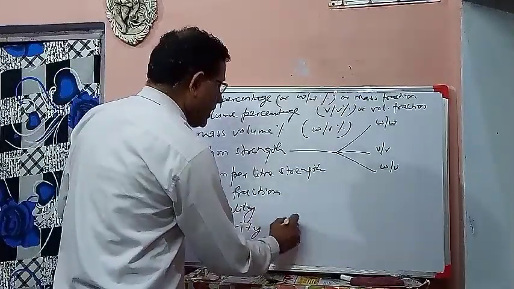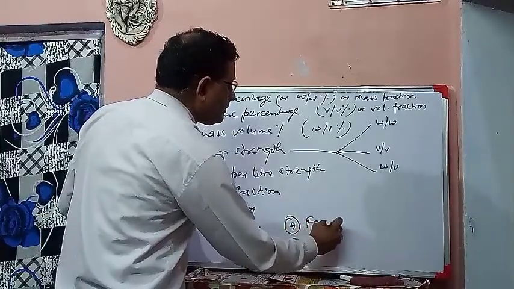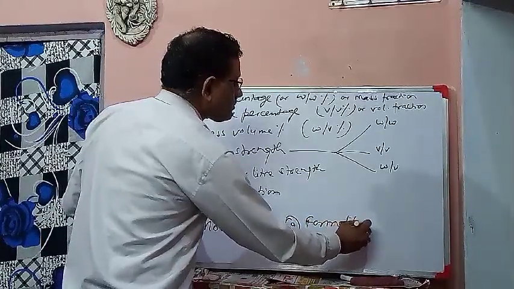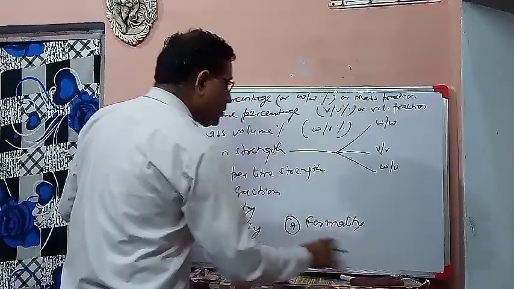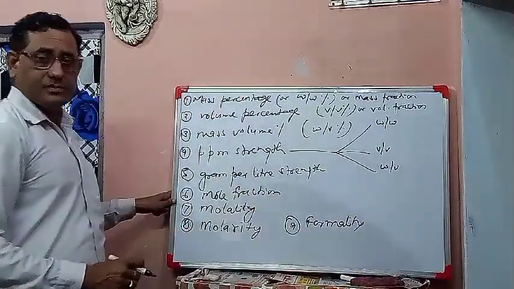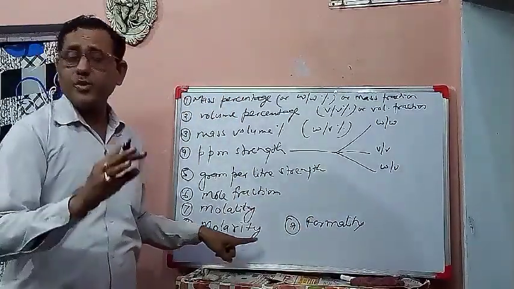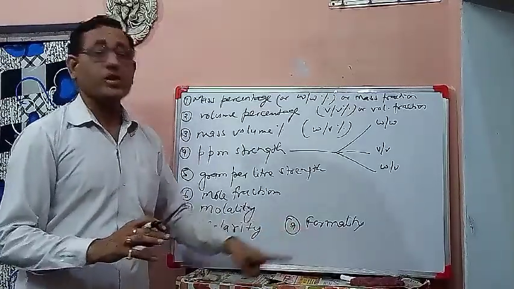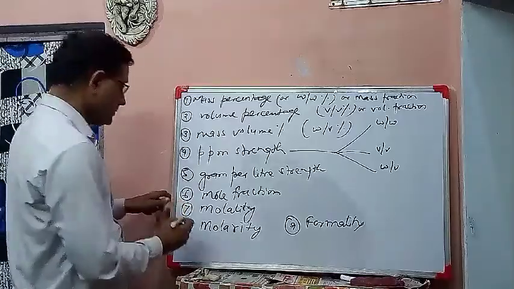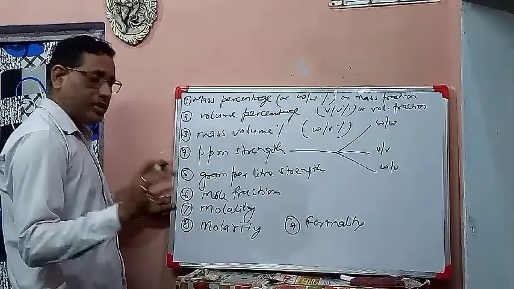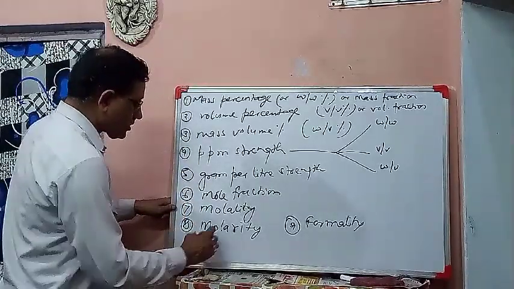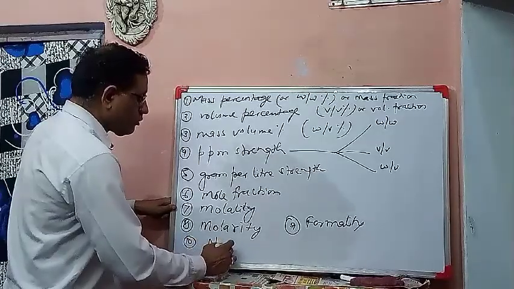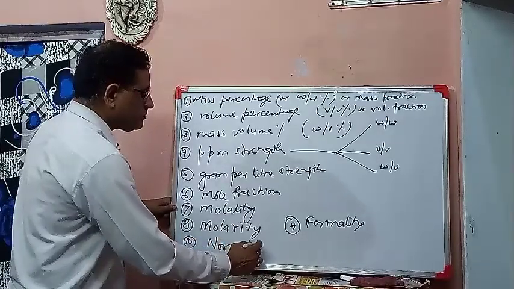And next, number 9, formality. दोनों लगभग सिमिलर हैं. ये जनरल है, सभी कंपाउंड्स के लिए है, इलेक्ट्रोलाइट नॉन इलेक्ट्रोलाइट्स बोथ के लिए, but it is for only ionic compounds. दोनों का फॉर्मूला सेम है, दोनों का यूनिट सेम है. और नेक्स्ट नॉर्मेलिटी. क्लियर?